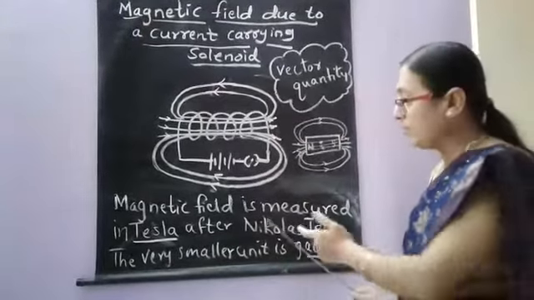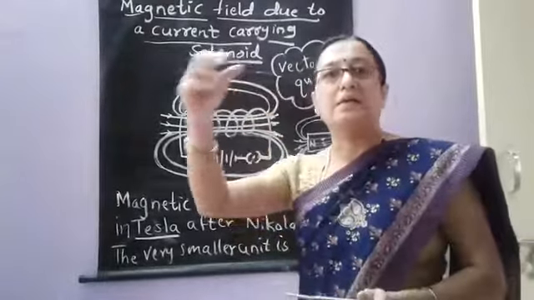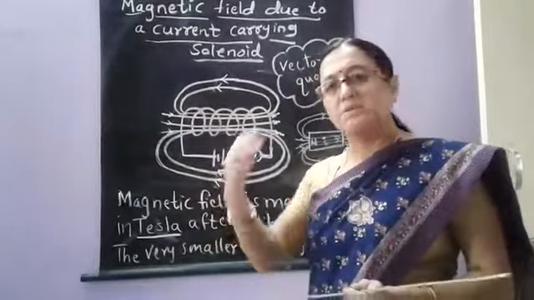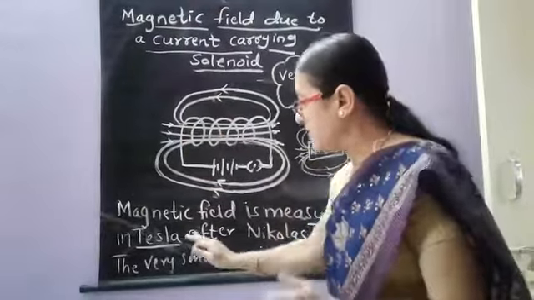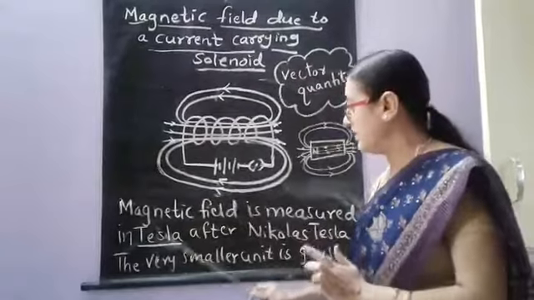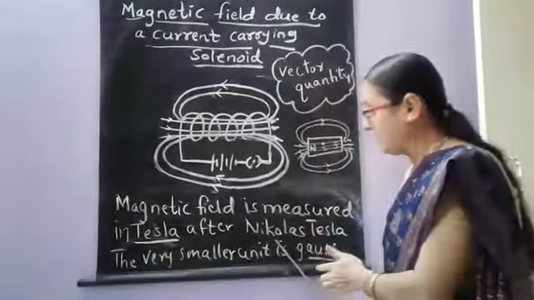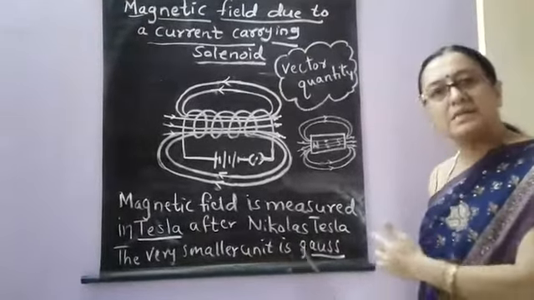We are not going so deep into these measurements, how much is 1 Tesla or 1 Gauss, because you will study that later in your engineering. Here is just an introduction about how the magnetic field is measured.